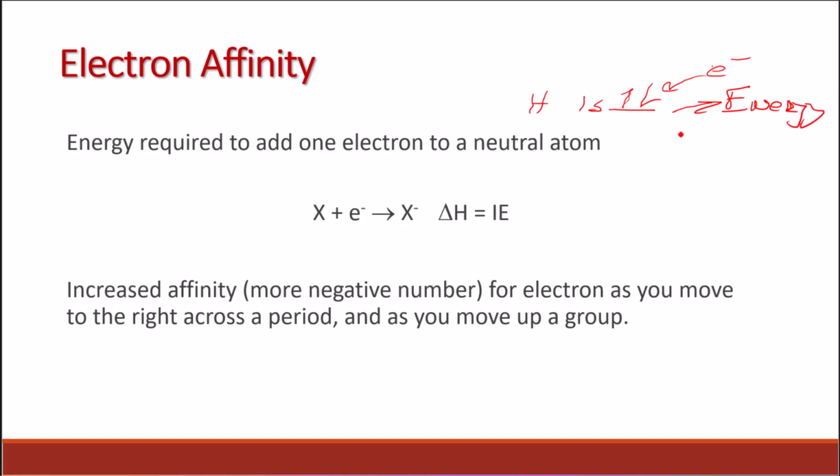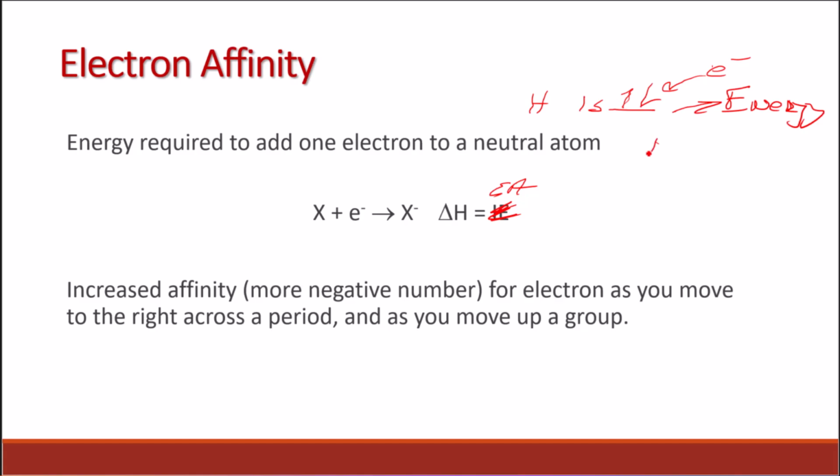And remember, when energy, or delta H, and it should not be IE, it should be EA for electron affinity. That's incorrect. Okay.